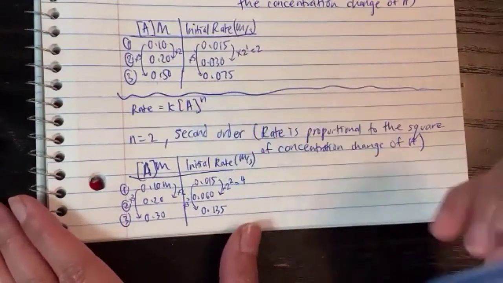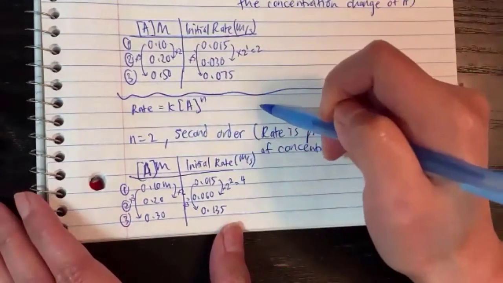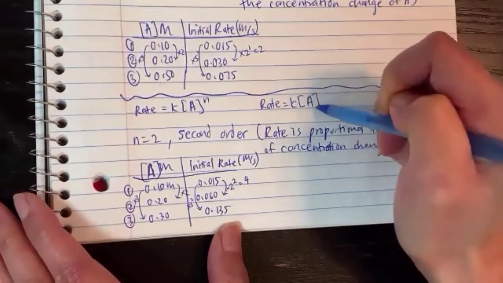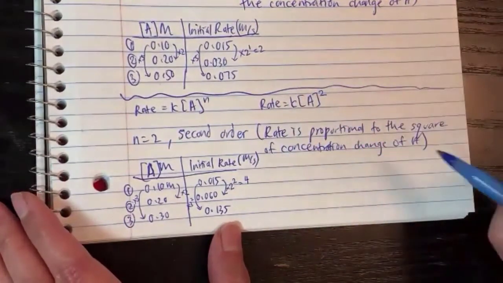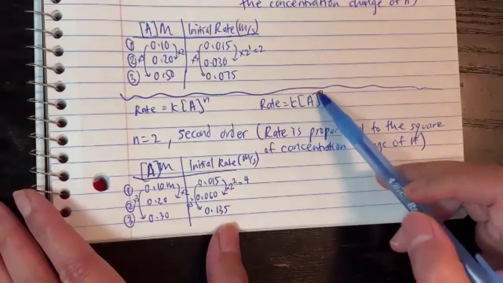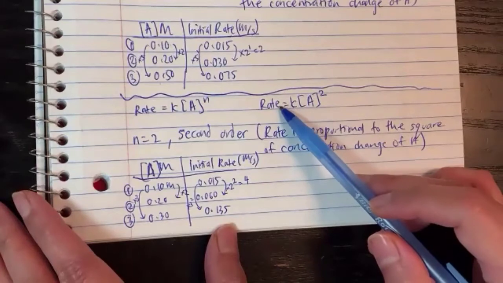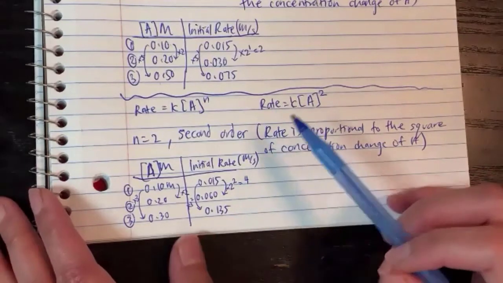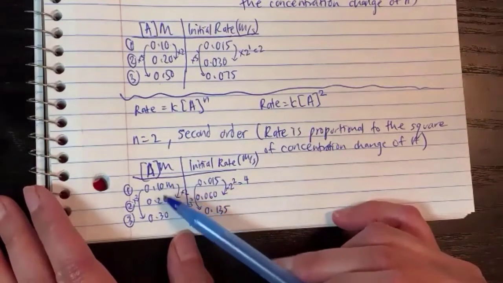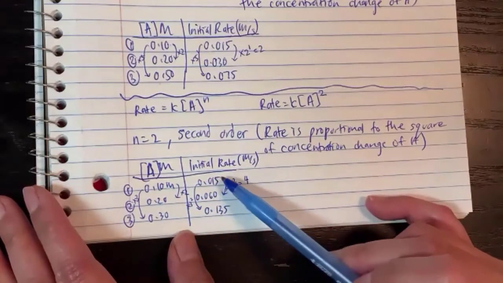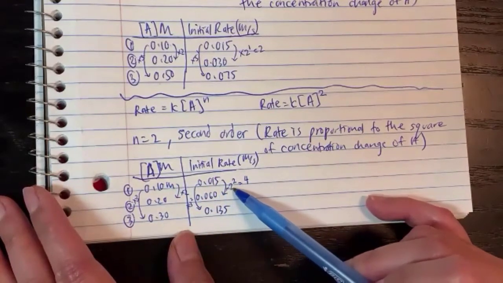Now, second order is square. So A has to be squared, the concentration. So rate equals k and then A to the power of 2. So the effect of this concentration change is always going to be squared, so the rate is going to be a bigger change here. For example, if you go from 0.1 to 0.2, it's 2 times, and then the rate goes from here to here times 2 squared.